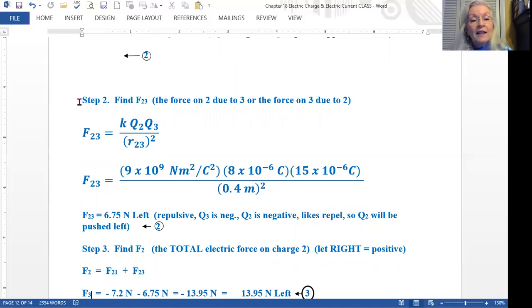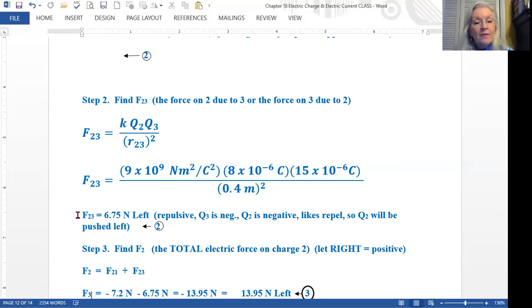F23 would be 9 times 10 to the 9th newton meters squared per coulomb squared, times 8 times 10 to the minus 6 coulombs, times 15 times 10 to the minus 6 coulombs, divided by 0.4 meters squared. When you do the math, the answer is 6.75 newtons. We know it goes left because charge 2 is negative, charge 3 is negative, charge 2 is going to move away from charge 3, and that means go left.